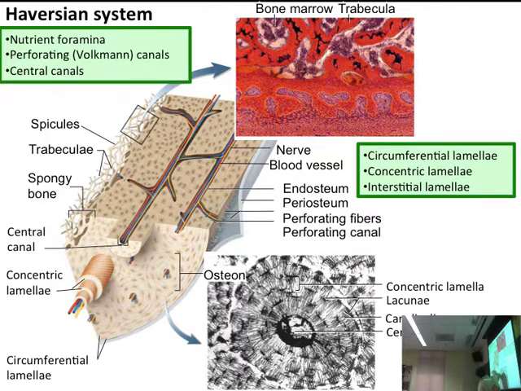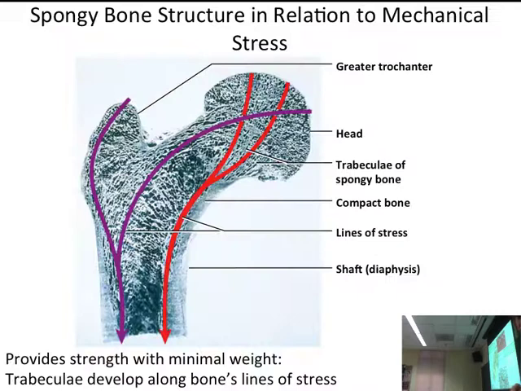So in lab, we'll see this more. It's these tubes of concentric lamellae of bone matrix that have little arteries or capillaries running through them. Actually, veins, neurovascular bundles, nerve, artery, and vein, running through these little tunnels. Okay.